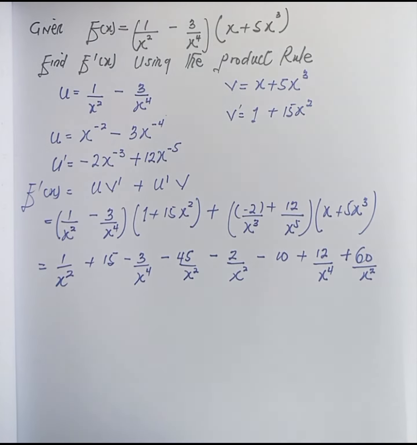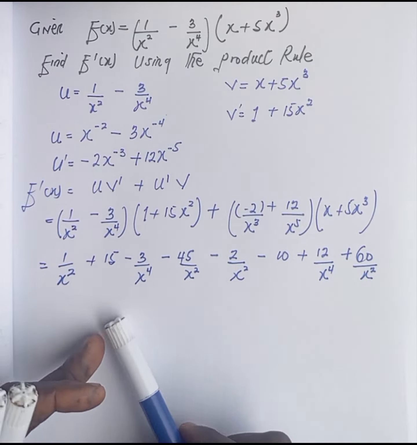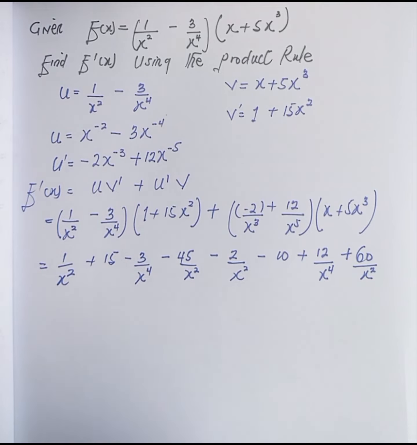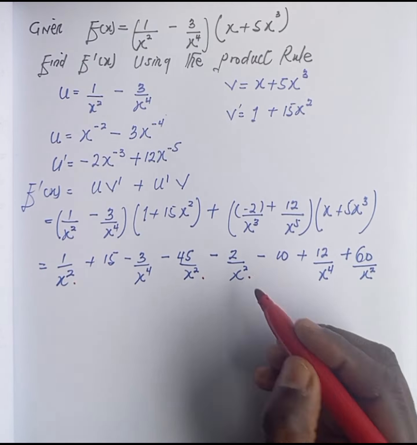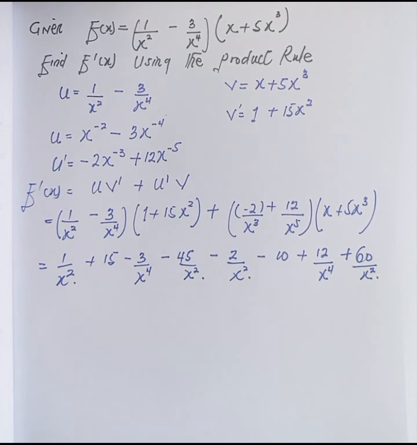The next thing we are going to do here is to group like terms, those with x squared and then those with x power 4. So we have x squared, x squared, x squared, x squared, and x squared. So it means we can group them together.